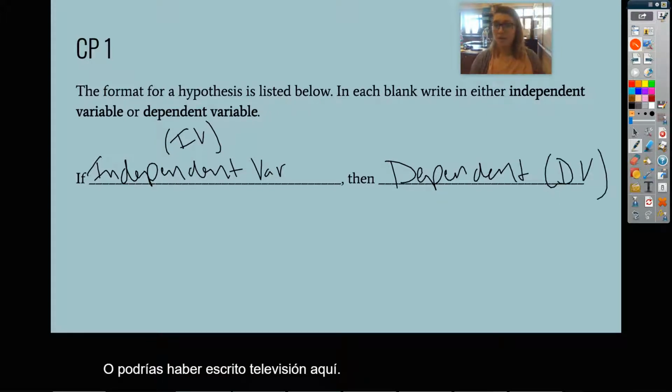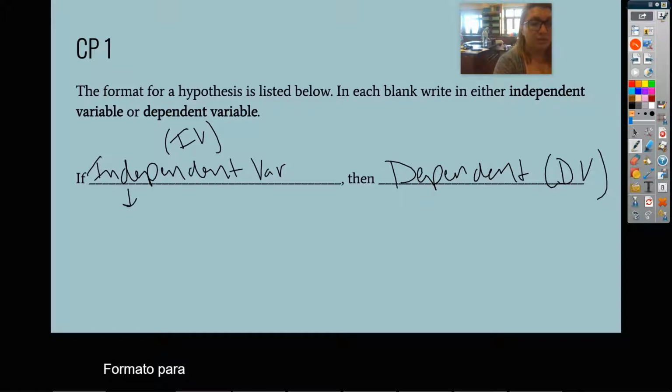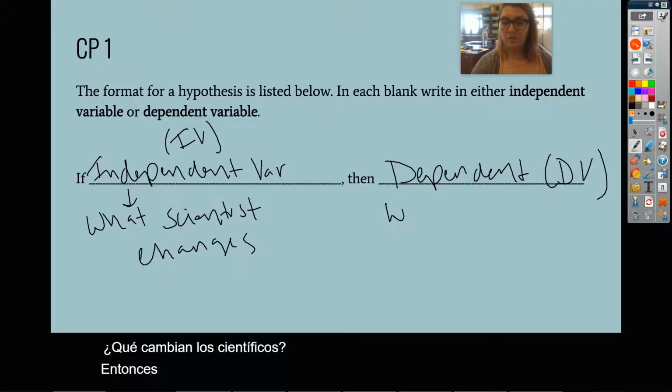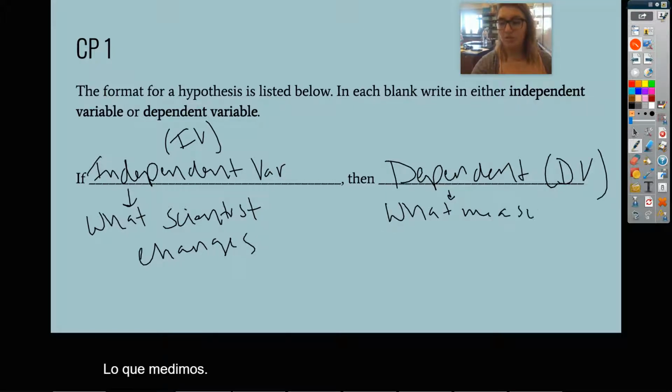So remember, our format for a hypothesis is if what the scientist changes, then what we measure will change.